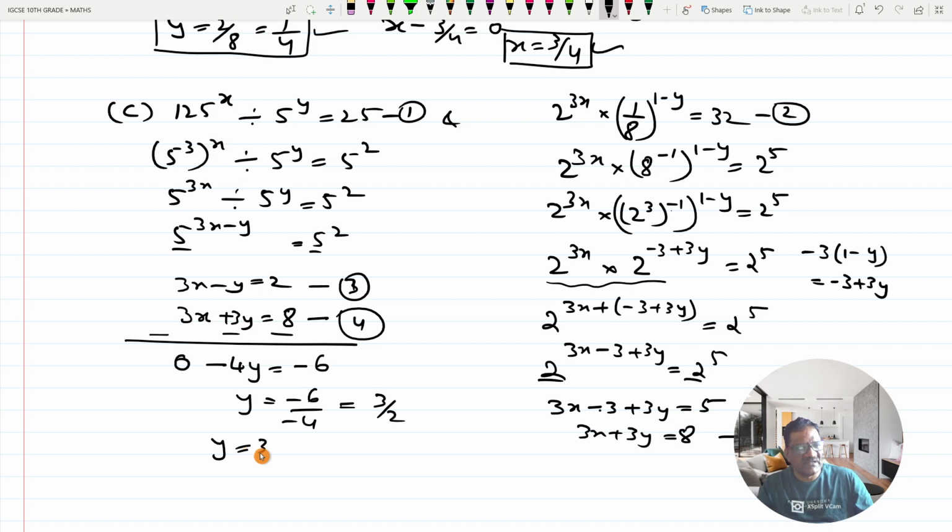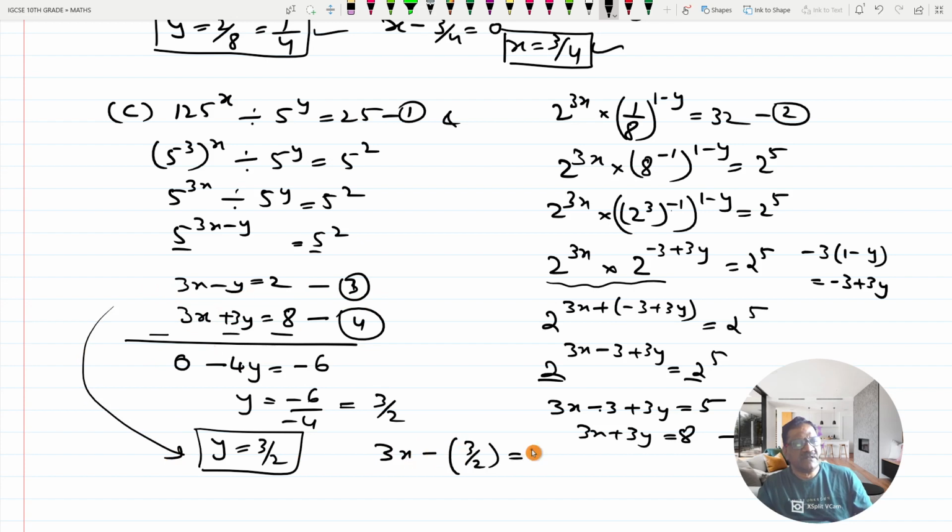Now if I want to find out x, I'll plug in this value in any convenient equation. So let me plug it in this equation number 3. Okay, so 3x minus, instead of y, I'm going to put 3 by 2 equal to 2. Fine.